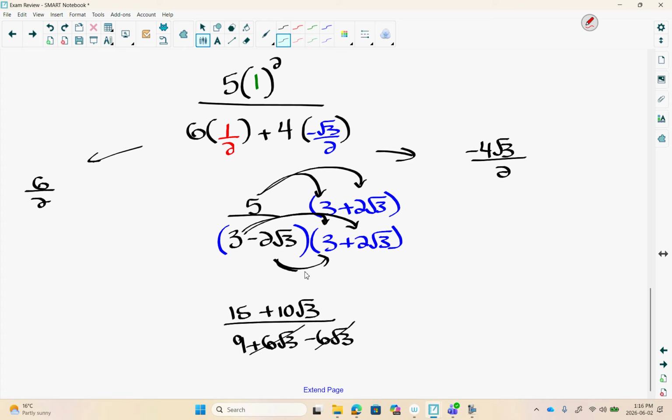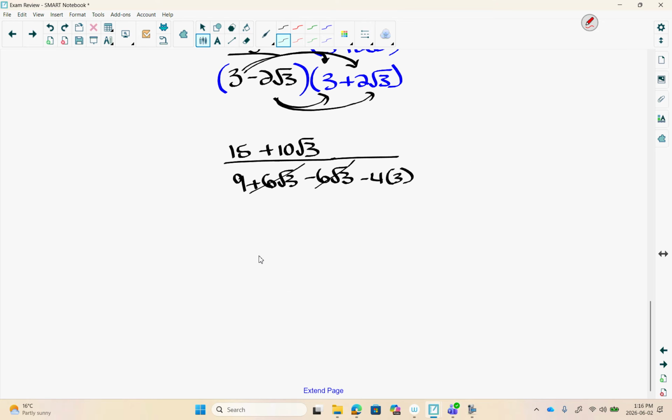What's this? What's negative 2 root 3 times positive 2 root 3? Well, a negative 2 times a positive 2 is a negative 4. What's root 3 times root 3? It's 3. You could write 4 root 9 or 4 times 3. And then I end up with 15 plus 10 root 3 over this is 9 minus 12, negative 3.